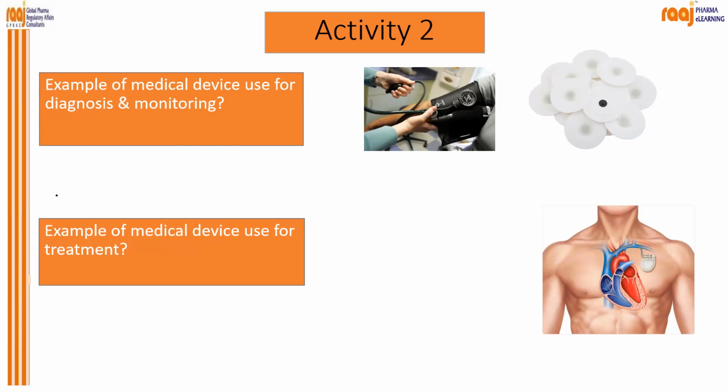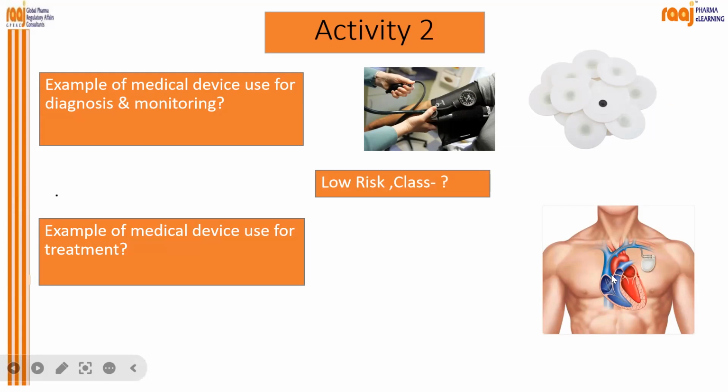And the medical device used for the treatment. Have you seen the implant, the pacemaker? In the third image, that is the pacemaker, you have seen, right? It's for high class. Under which class will it come, class C or class D?